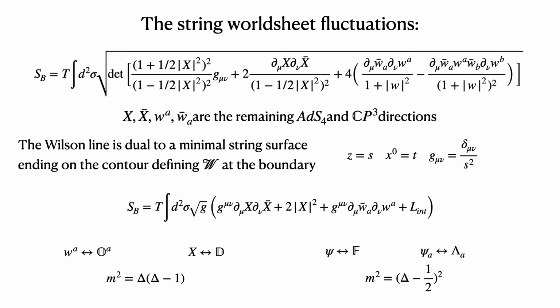The x's have mass squared 2, and the w's are massless. Through this and the other quantum numbers, we can identify them very easily to the CFT fields through the AdS/CFT dictionary.